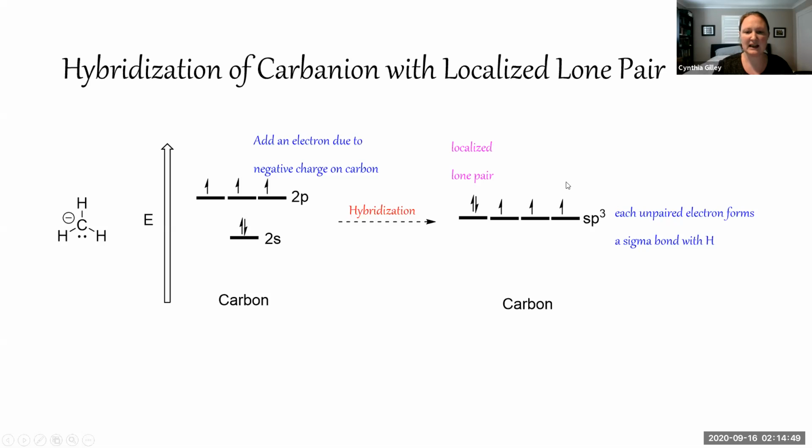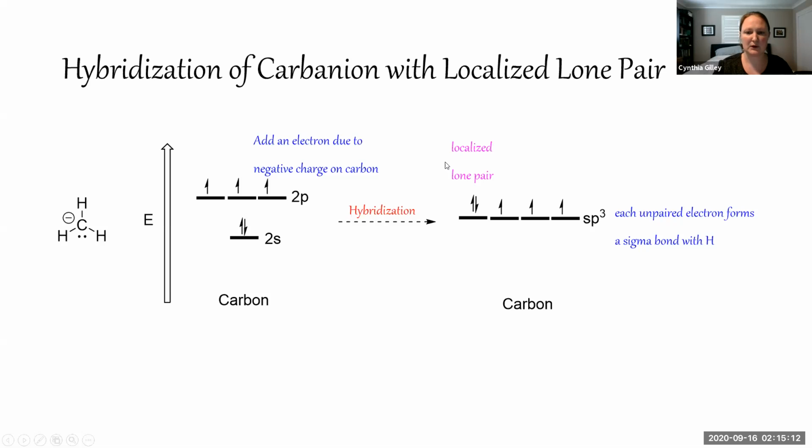And because it's in a hybridized orbital, it's what we call localized. So when the lone pair exists in a hybridized orbital, in this case sp3, but in other cases it could be sp2 or sp, we say it's a localized lone pair, right?